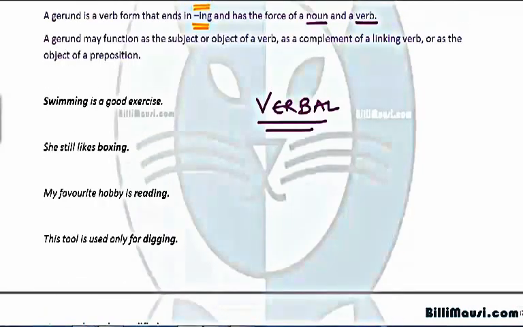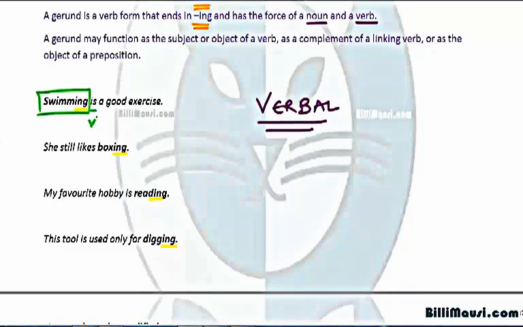You can see all these gerunds are ending in ing: swimming, boxing, reading, digging. So let's see. Here, swimming is a good exercise. Swimming is behaving as a gerund, here acting as a noun and is the subject for the verb is. Here the main verb is itself.